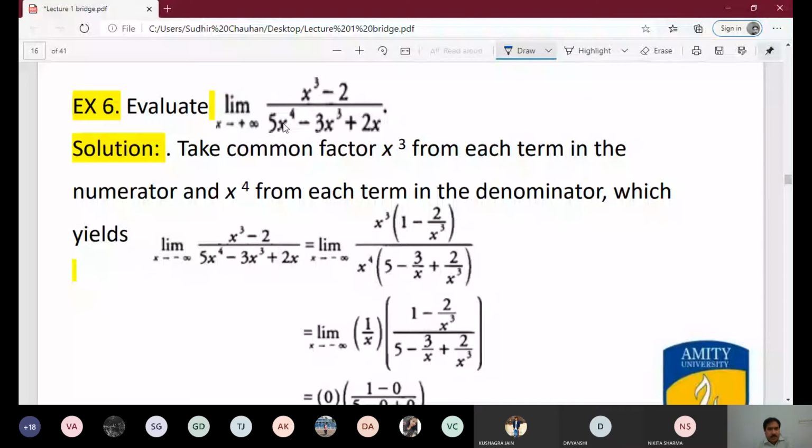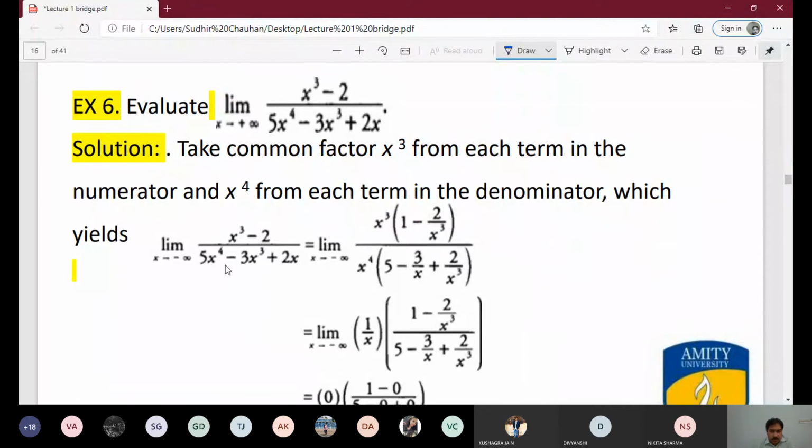Here we have taken limit x tends to plus infinity. In case x is approaching infinity, we have to take care that this x should be in the denominator. So whatever it is, we'll take common the maximum power of x, and then we'll cancel out, and we'll ensure that all the x are in the denominator. Here, we can see that x cube is the highest power in the numerator, so we can take common x cube.